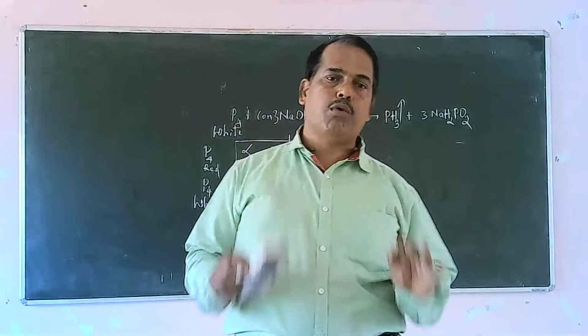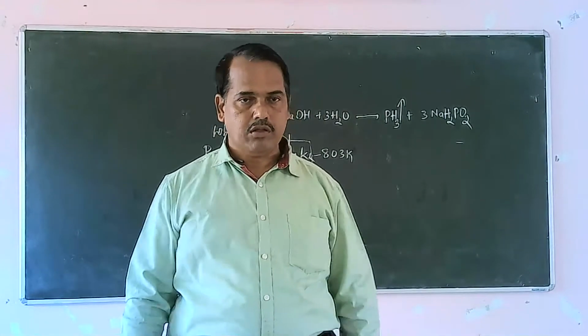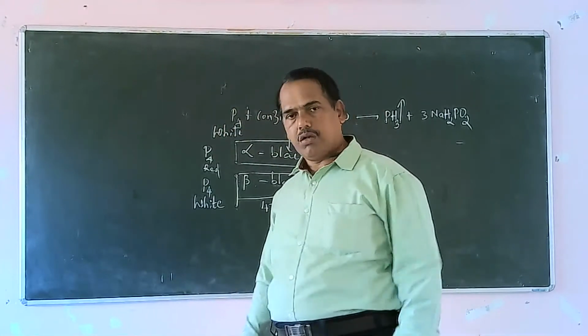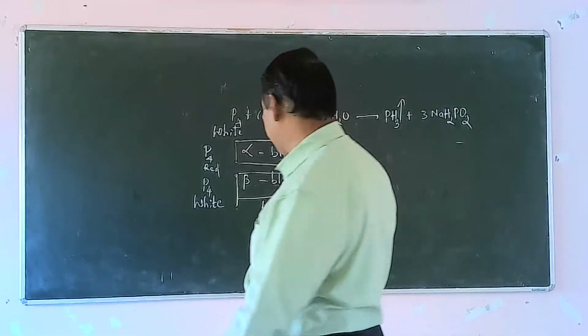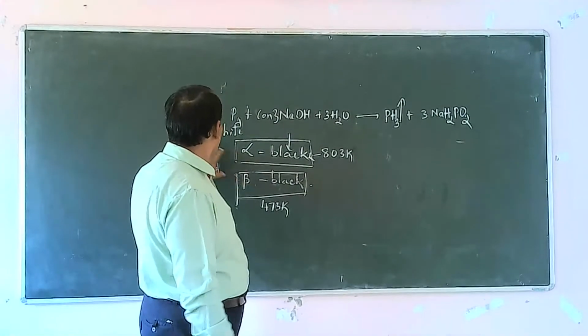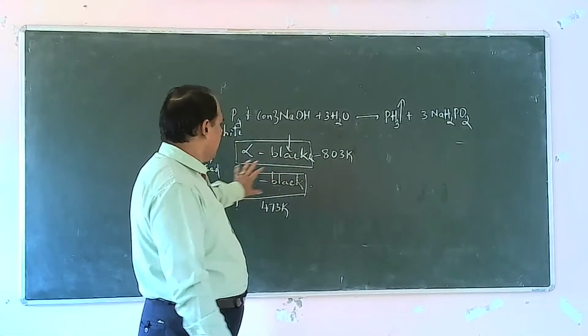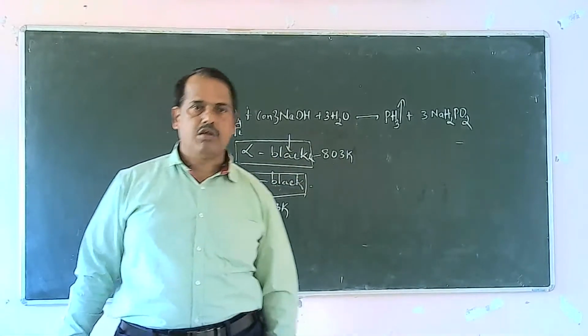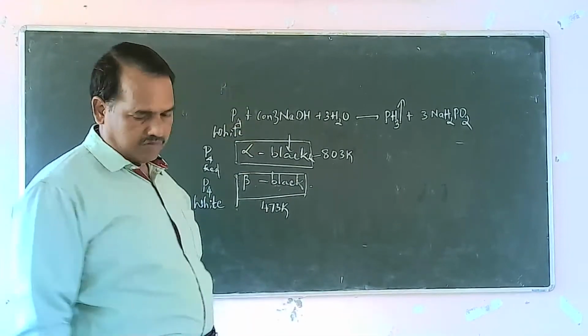What are the characteristics? Both are stable at room temperature. At high temperature they can react, but they are stable and used in different applications. Both alpha black phosphorus and beta black phosphorus are allotropic forms of phosphorus.